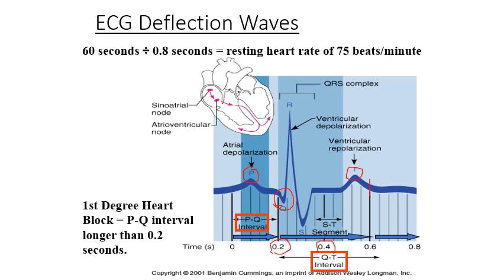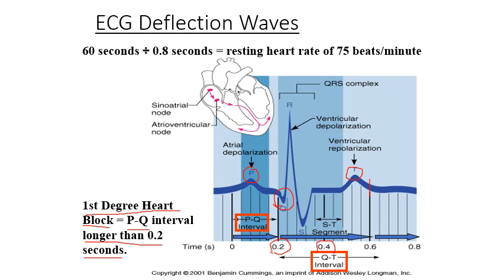Now, if we found that the PQ interval was longer than 0.2 seconds, longer than normal, this will be a first degree heart block.